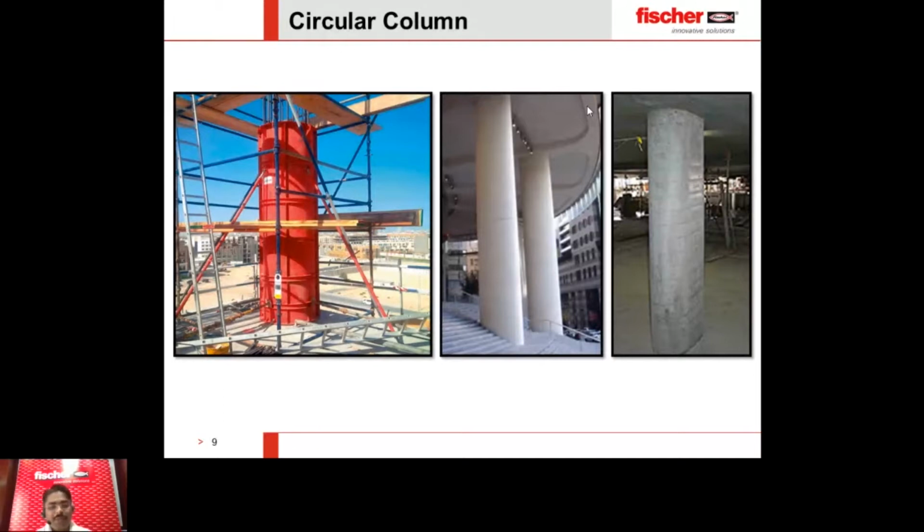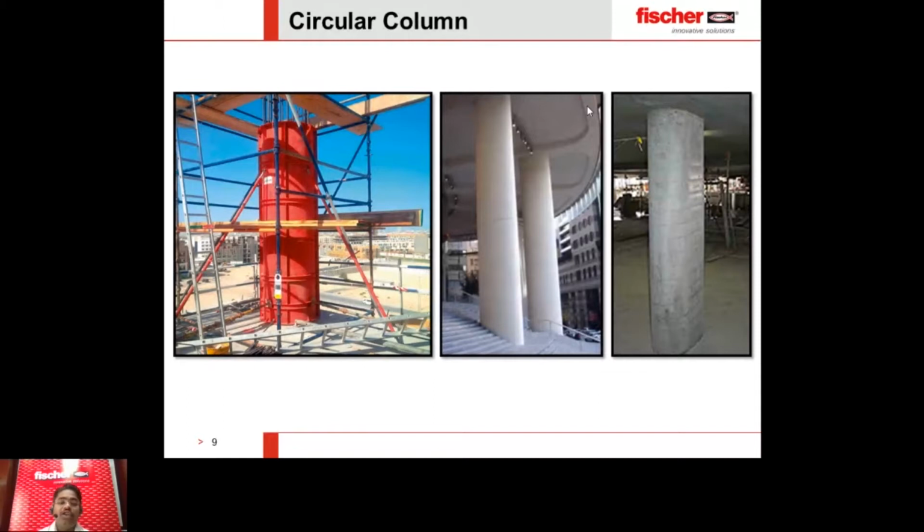So let's begin. There are different reasons for circular columns. There is a structural reason: people use circular columns in structures because of structural strength. There is also an architectural reason. Most of the time you will find circular or oval columns in parking areas, and both are almost the same in terms of approach.